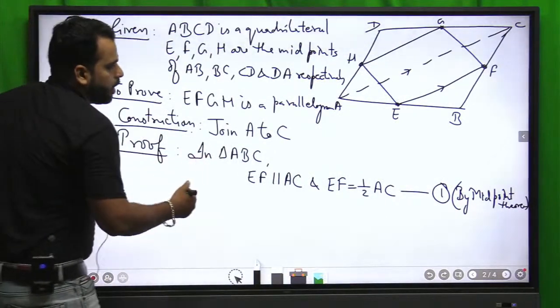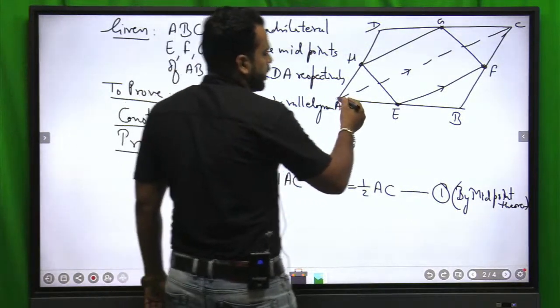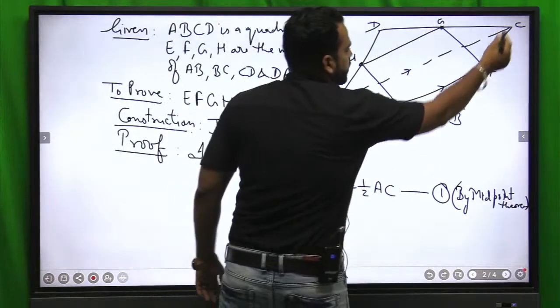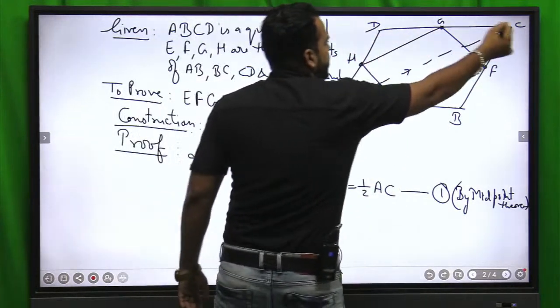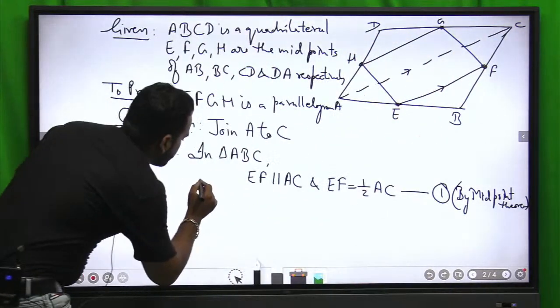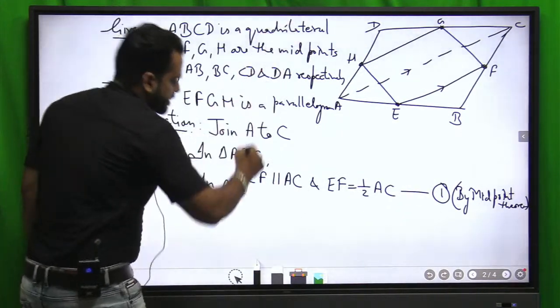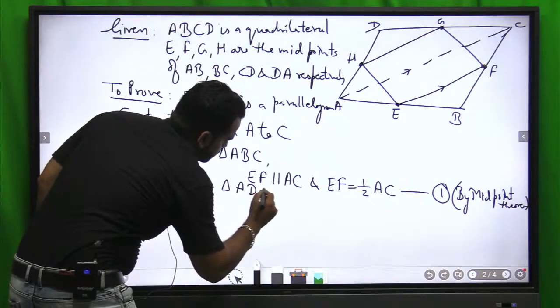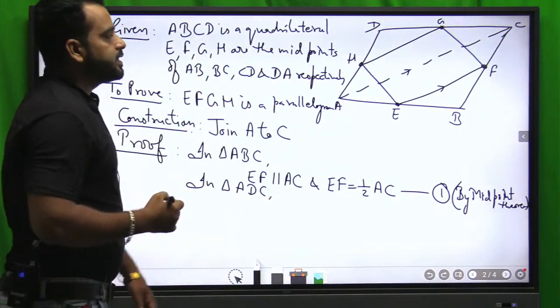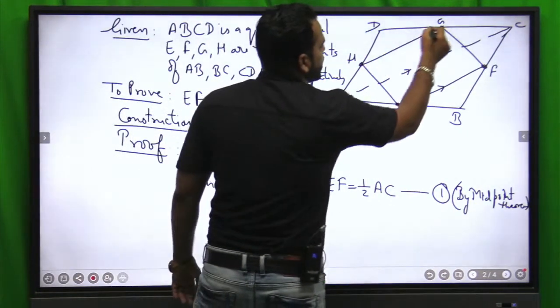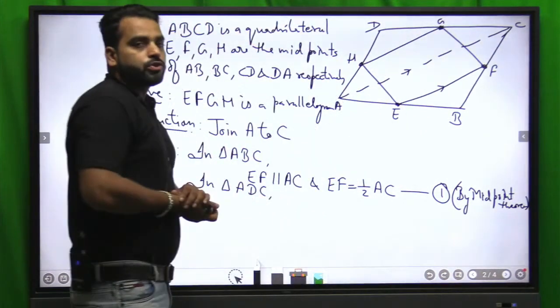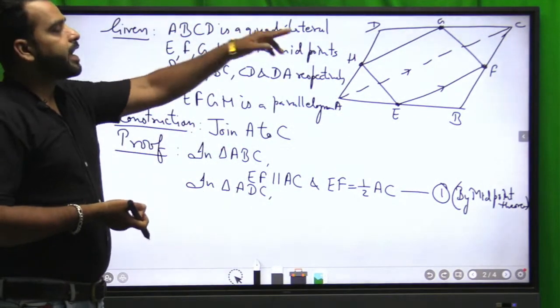Okay. Now we have to take another triangle. After taking triangle ABC, which triangle is left? This triangle ADC. So now we are taking this triangle also. In triangle ADC, we know that H and G are also the midpoints of the sides AD and CD.